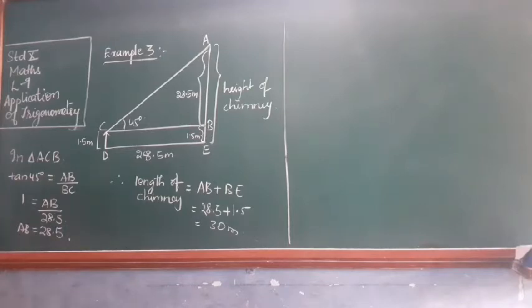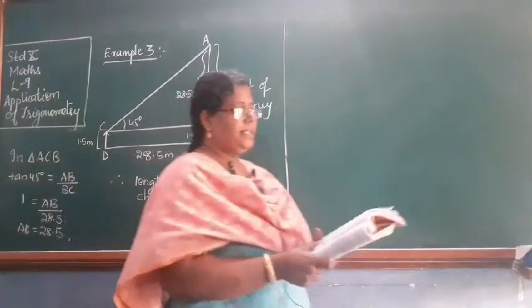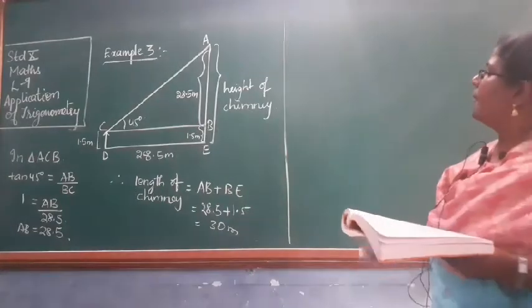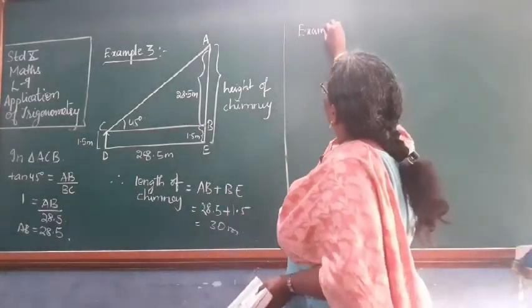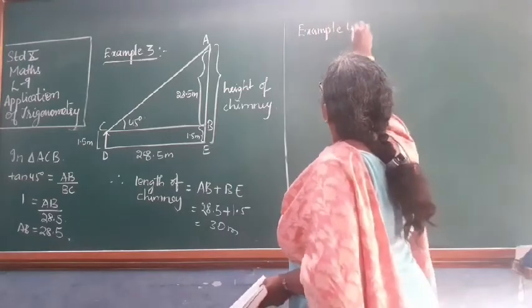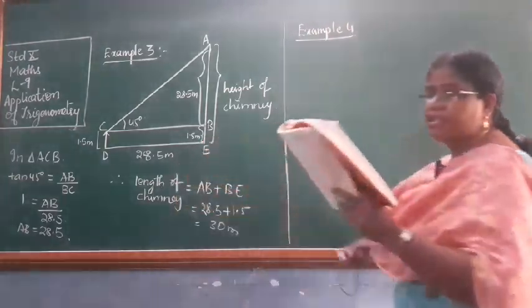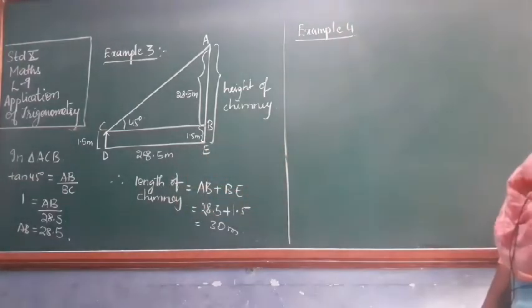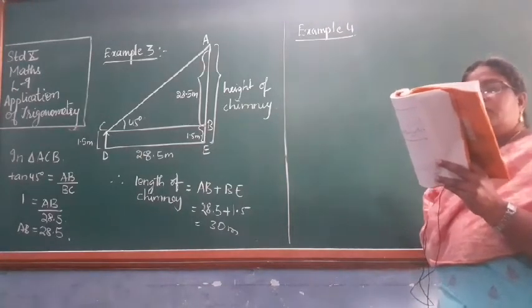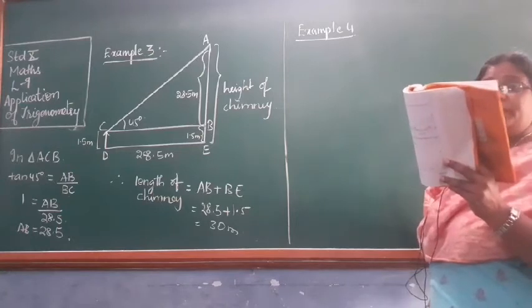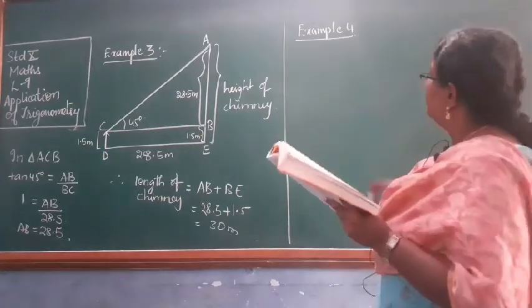Now coming to the next question. That is example number 4. Example 4. What is given? That from a point P on the ground, the angle of elevation of the top of a 10 meter tall building is 30 degree.